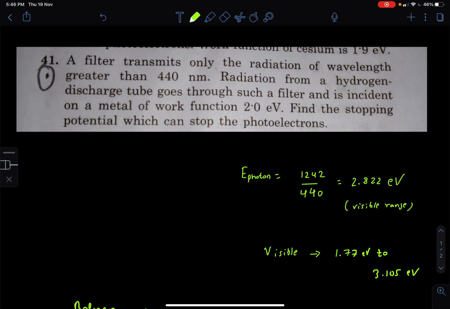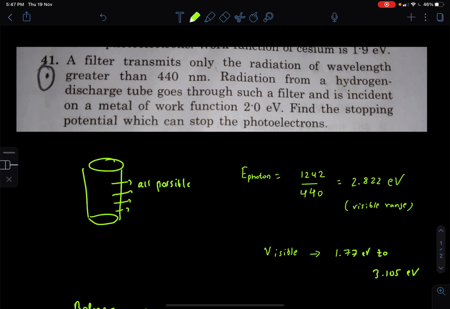Now, in this question, what is asked is there is a discharge tube, and discharge tube means hydrogen discharge tube is there. So, out of this hydrogen discharge tube, what will be coming out is all possible hydrogen spectrum.